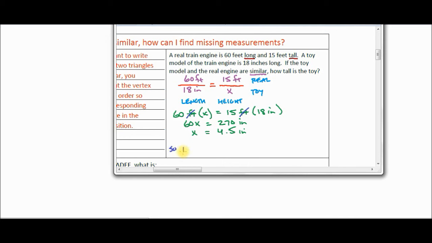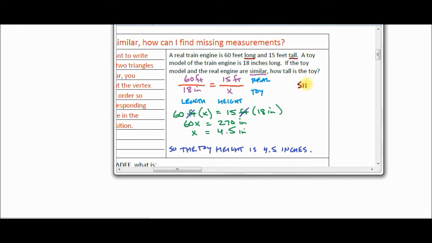So, the toy height is 4.5 inches. And we know this because we understand the properties of similarity. And if you want to make a little note here in your books, just remember this.